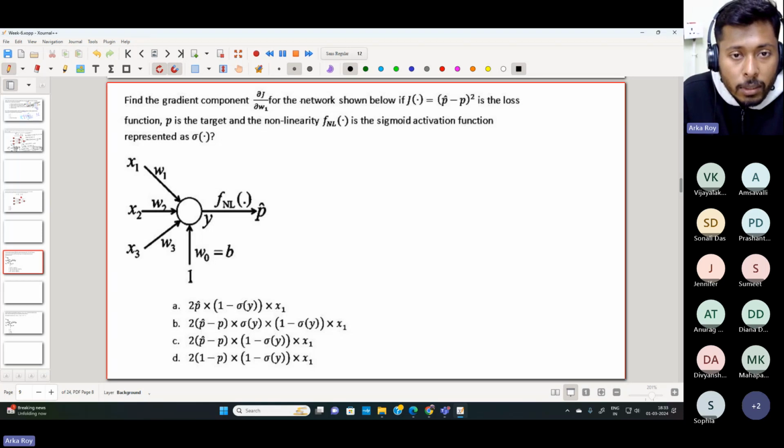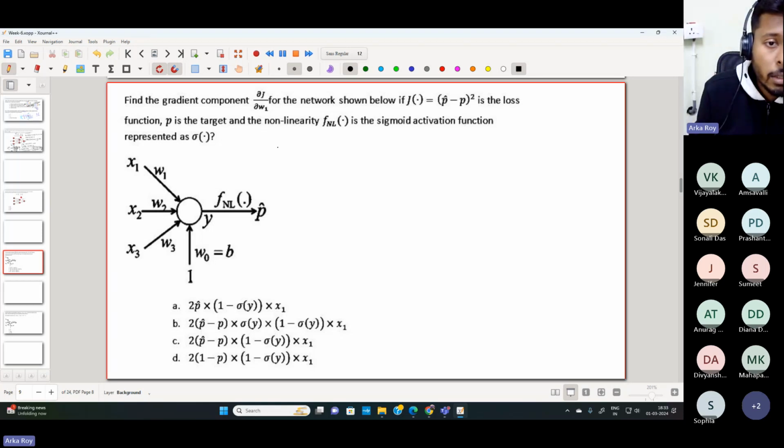Okay, so another question is that you have this particular neural network architecture. Here also, the previous question that you have asked can be answered again. If I start writing the equation for this neural architecture, first it generates an intermediate representation y, and then it incorporates a nonlinear activation, and then it generates the output p hat.